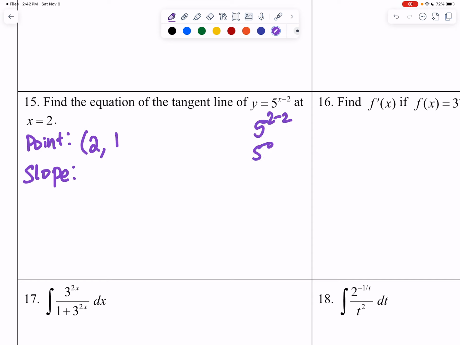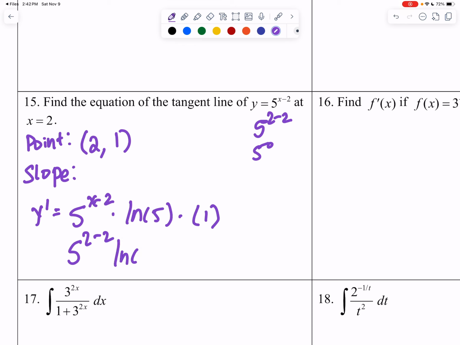That's just gonna be 1. And then to find my slope, I gotta take the derivative of that. So 5 to the x minus 2 times ln of 5 times 1, because chain of x minus 2 is 1. And then I'm gonna plug in 2. So that's just going to give me ln of 5, because 5 to the 0 is just 1.